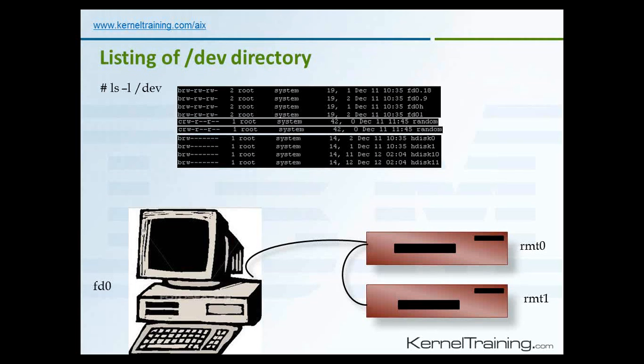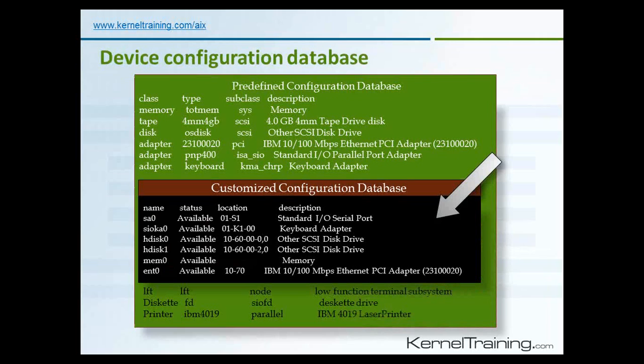Similarly, when we talk about device configuration, it is divided into two parts. First is the predefined database, and the second is the customized database. The predefined database is nothing but the list of supported devices. Assume you would like to find out what kind of adapters are supported in the AIX environment; you can find that from the predefined database.